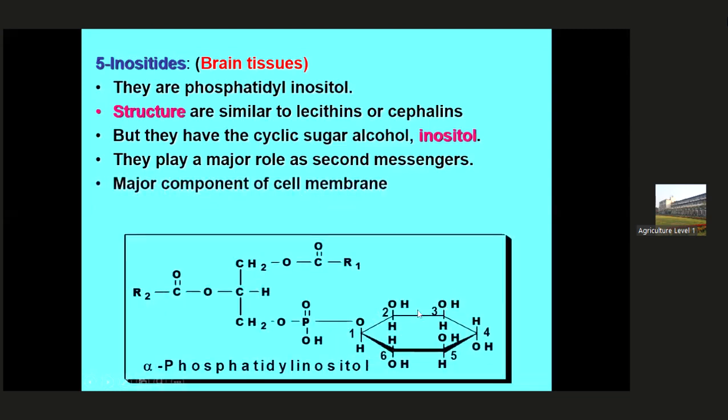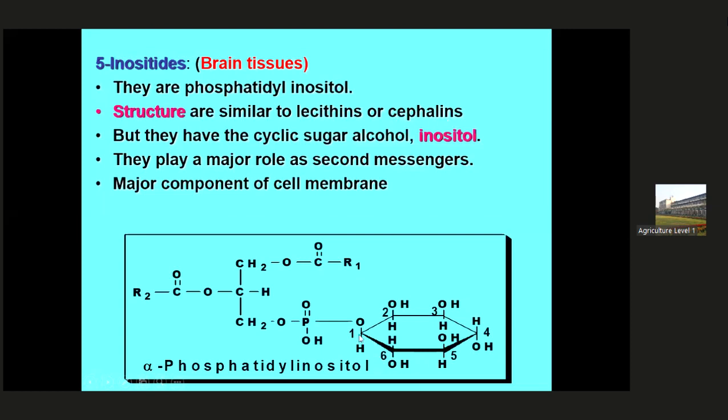So this is, instead of the choline of the lecithin, in case of lecithin, here was the choline.